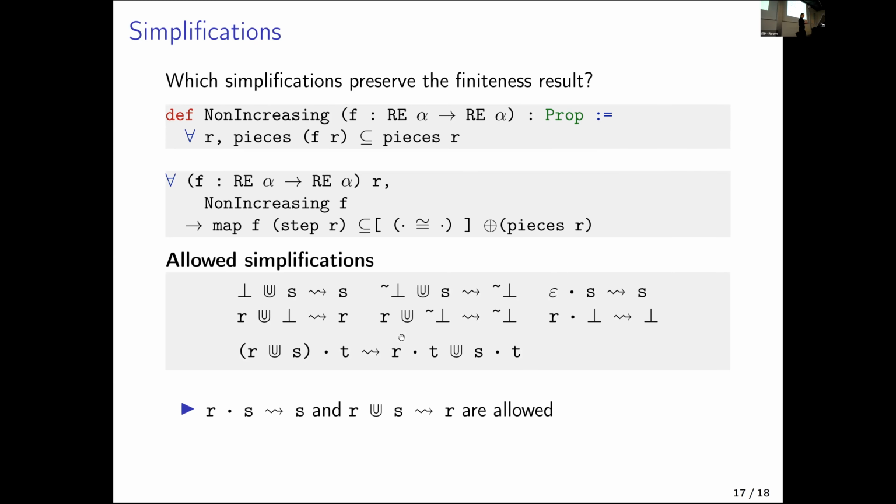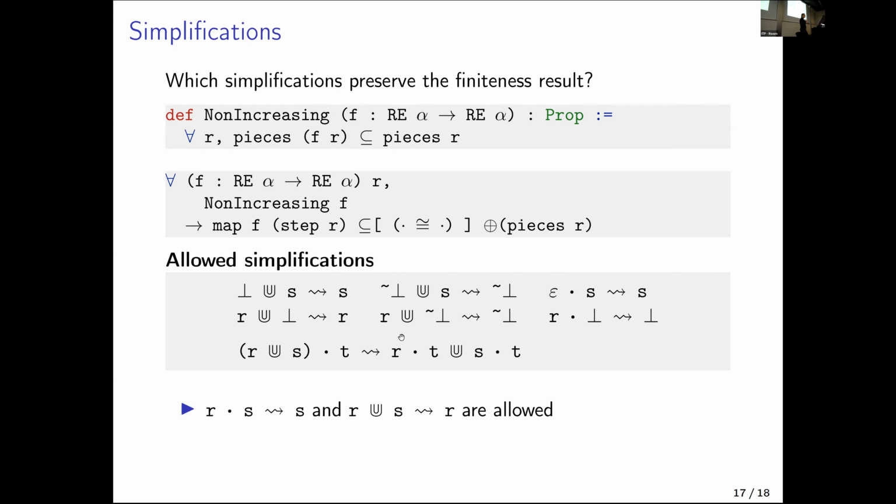And here I show some simplifications which are allowed. And I would like to highlight two slightly more interesting cases. So the construction of this over-approximation very closely follows the syntactic construction of the derivative, which kind of leads to some interesting simplifications which are allowed.